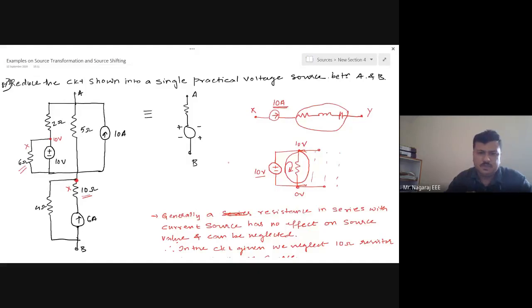So here we saw that the 6 ohm in parallel with 10 volts is not making any effect. I took it out of the circuit. The 10 ohm in series with 6 amperes is not making any change in the branch current. So I have taken 10 ohms out of the circuit. Then I simplified and obtained this particular practical voltage source between terminals A and B.